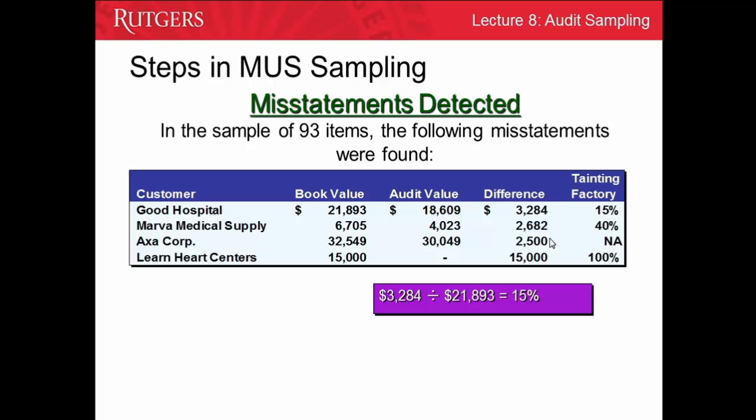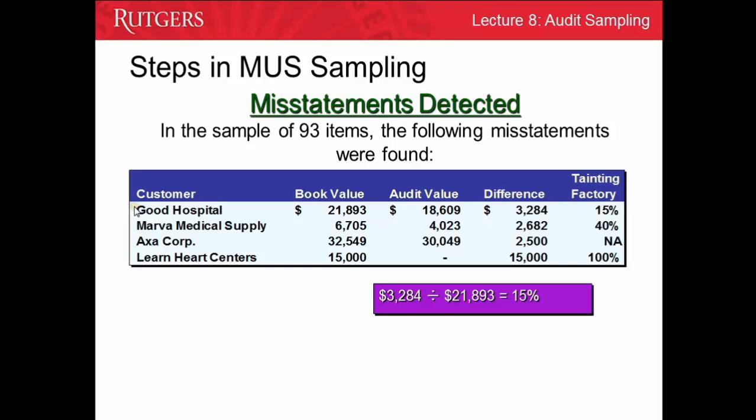Okay? And the second situation is that the logical unit's book value is less than the sampling interval and it's misstated by less than 100%. This is the most common situation, and the percentage of misstatement in the logical unit is referred to as the tainting factor. The tainting factor equals book value minus audit value, divided by book value.